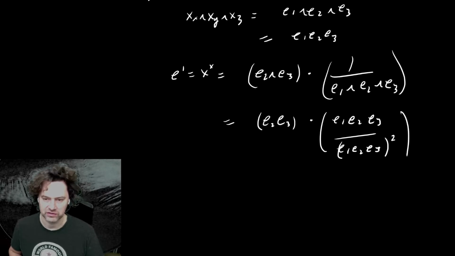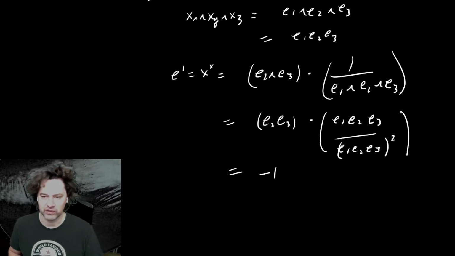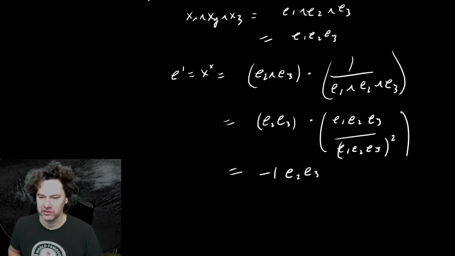Now, if we compute this, first off, e1 e2 e3 squared is just minus 1. And this dot product is just going to be the grade 1 selection of the product of these, and that will be a vector. There will be no other grades, so we can just write this as a straight product. So that is going to be e2 e3 times e1 e2 e3.